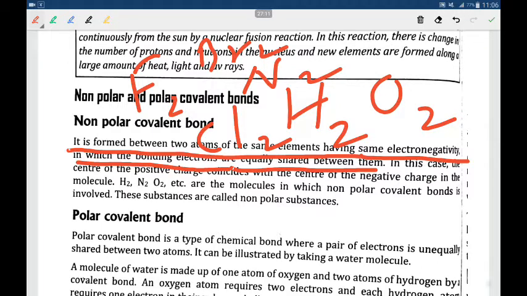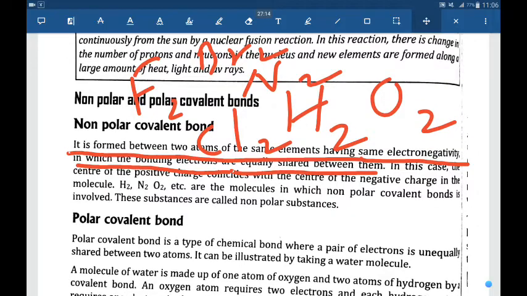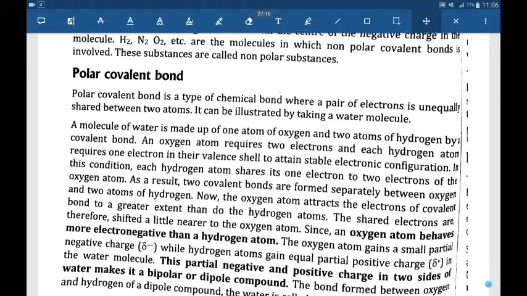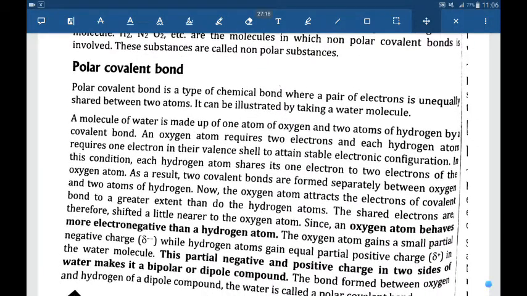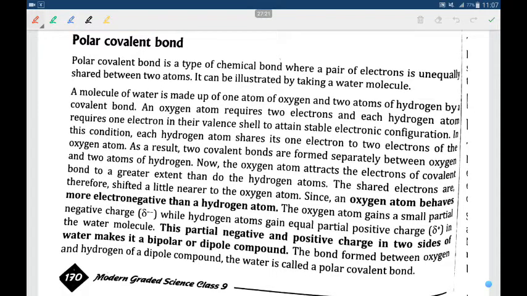Okay, non-polar. Now students, what is the next one? Polar covalent compound. What is the definition of polar covalent compound? Those compounds where a pair of electrons is unequally shared between two atoms. Unequally shared between two atoms.